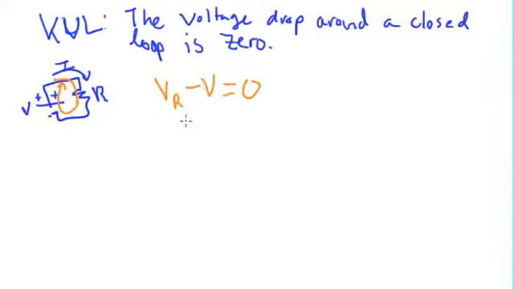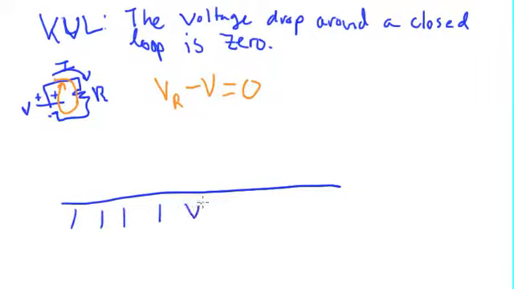So we can redraw this as sort of an altitude type thing. If we have our ground right here, this is V equals 0, and then this comes up to a height that corresponds to V. What happens as we go across the resistor, we drop down in voltage to the bottom potential.